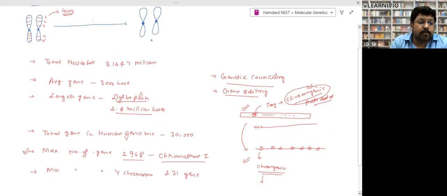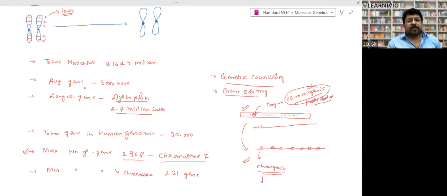The total number of genes is 3,164.7 million. So 164.7 million genes are present in a human being.